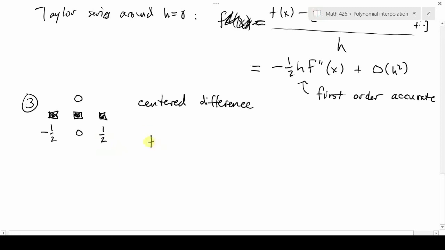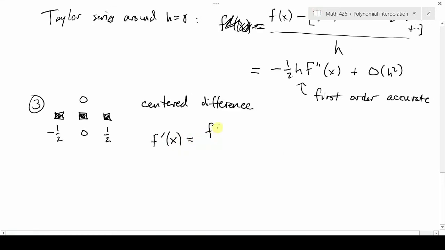So the formula is going to be, normally it's written with the 2 in the denominator, so it's 1/2 times, and we usually start at the rightmost node and work back, f of x plus h, plus 0 times that one, minus 1/2 times the other one, so minus f of x minus h, and then that factor of 2 appears in the denominator along with the h that's always there in the denominator.